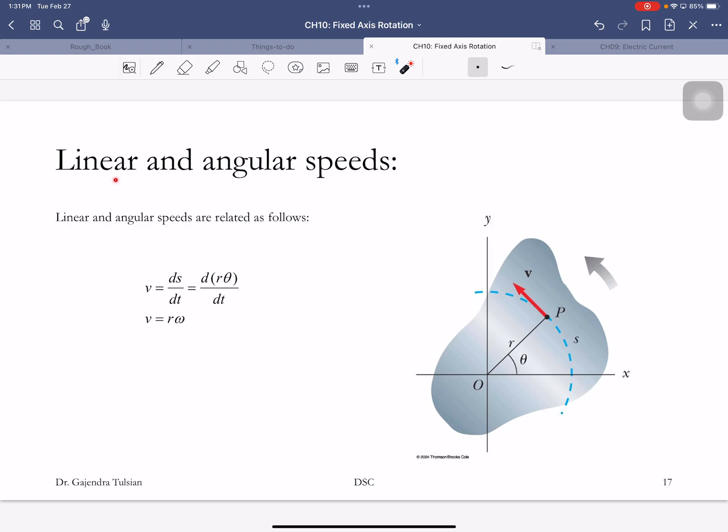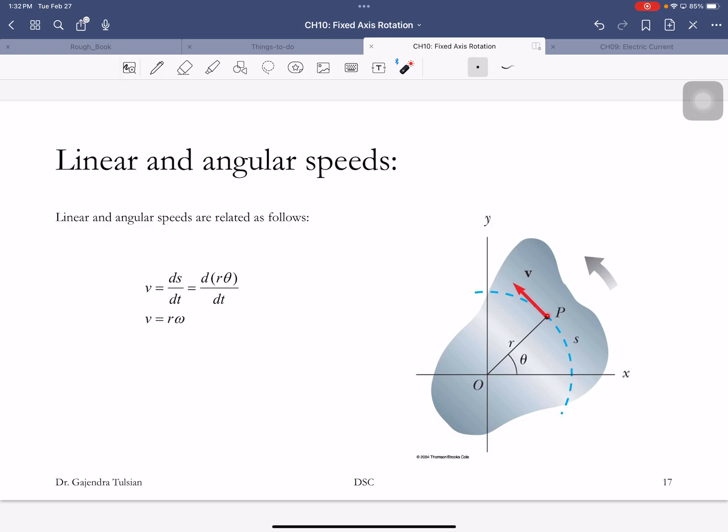So what we're doing here is linear and angular speeds. Here's an object, and the axis of rotation is coming out of the plane. It's rotating like that. The further you are from the axis of rotation, the faster you're going.